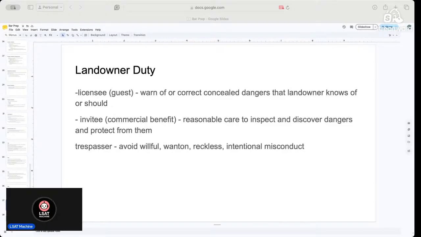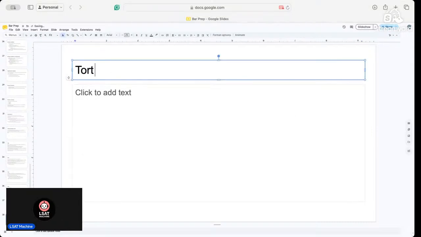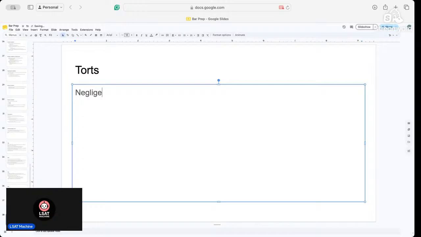The first thing we want to go over is negligence per se. Per se means by and of itself, so by itself. Whenever you see per se in law, that means almost like automatically. So if you do one of these things, you don't have to prove you're negligent.